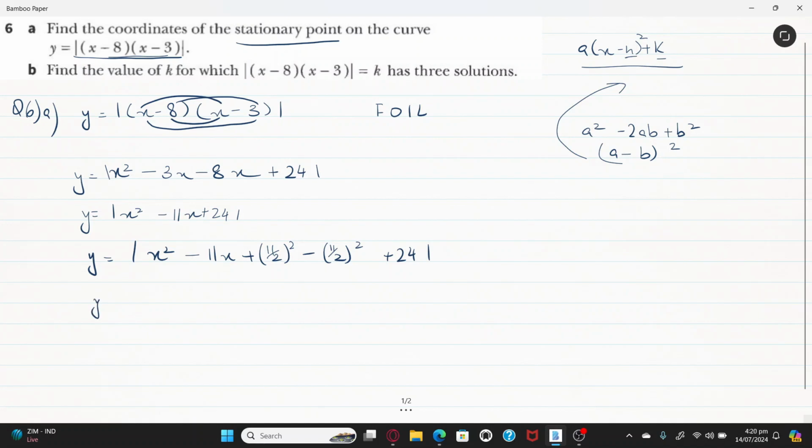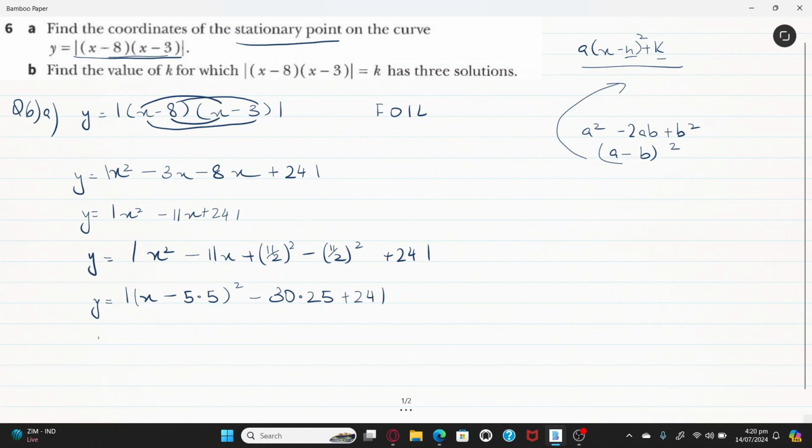So y equals x, wait a second, 11 divided by 2 is 5.5. So (x minus 5.5) whole squared minus 5.5 squared, which is negative 30.25, and add 24 to it.